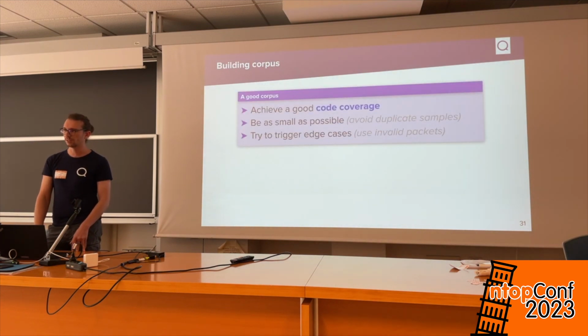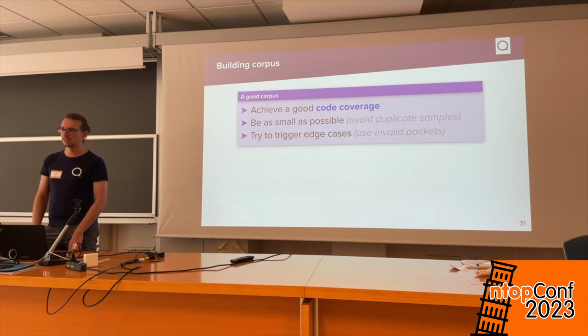So at this point, I had to create a corpus, an initial corpus. As I said before, having a good corpus is really meaningful, as the fuzzer will be able to find interesting new inputs sooner. So we really want to focus on a corpus that already achieves good code coverage.